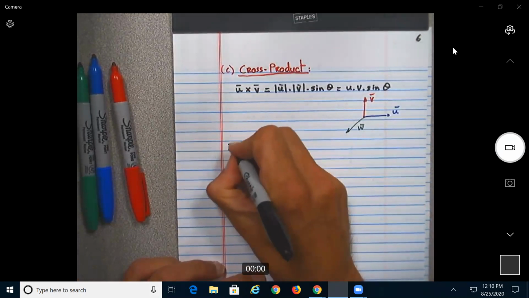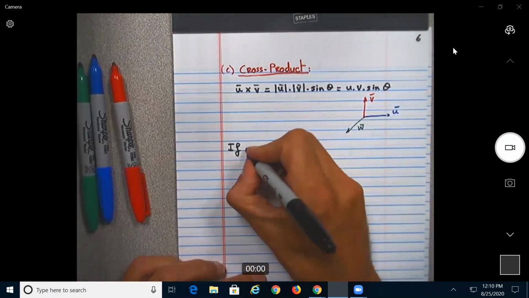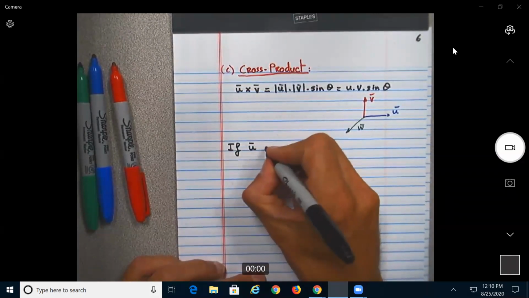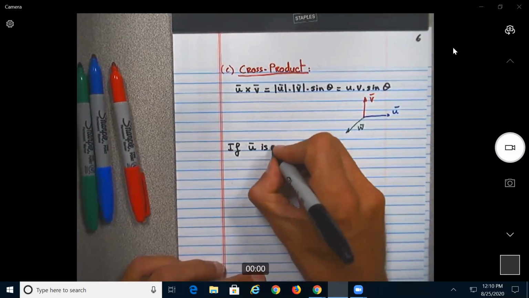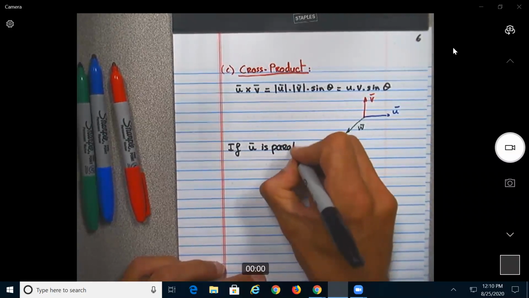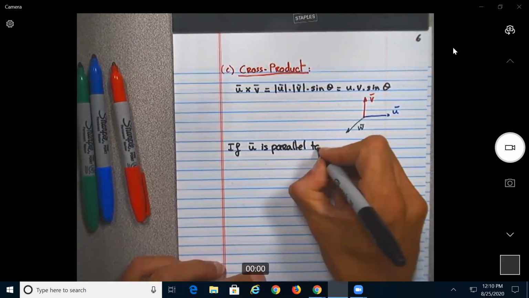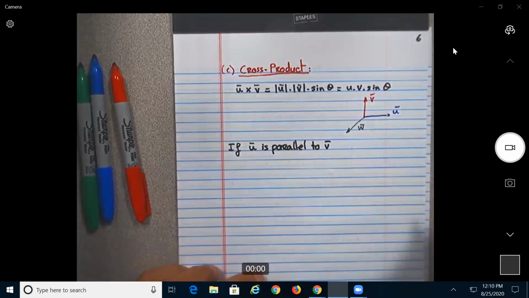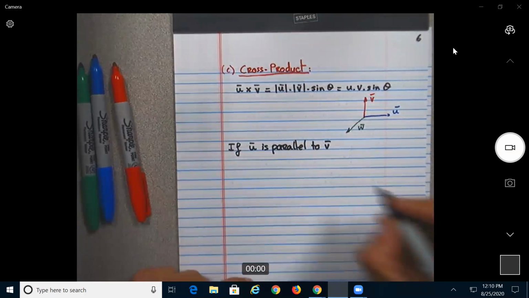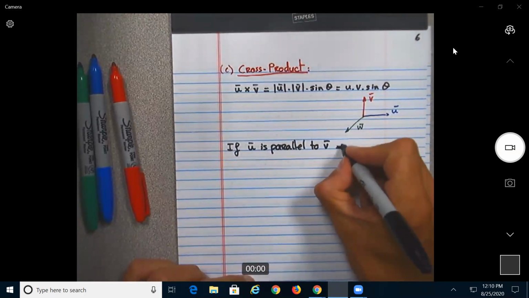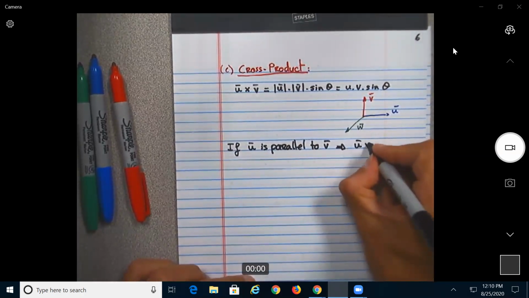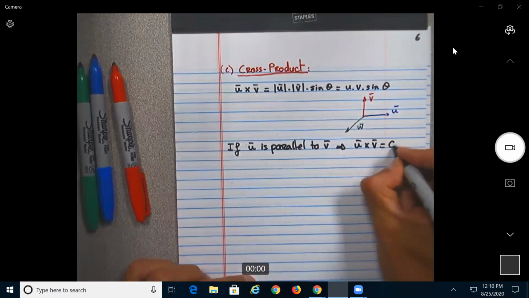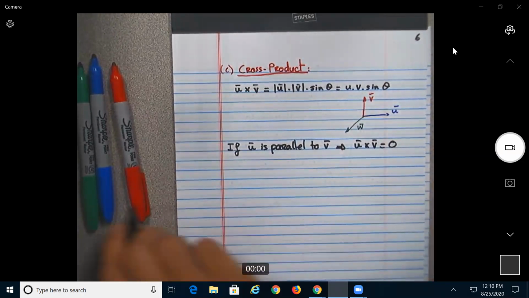What is the opposite of perpendicular? Let's say if U, instead of being perpendicular, is parallel to V, then what should the cross product be equal to? Should be equal to 0, no? Okay? So that's all I wanted to say over here.